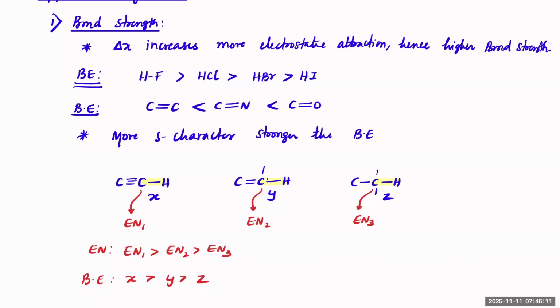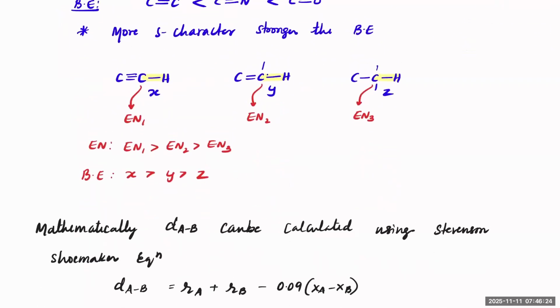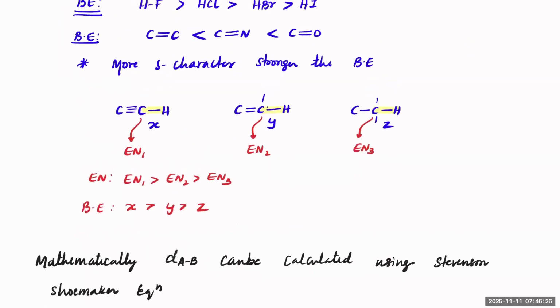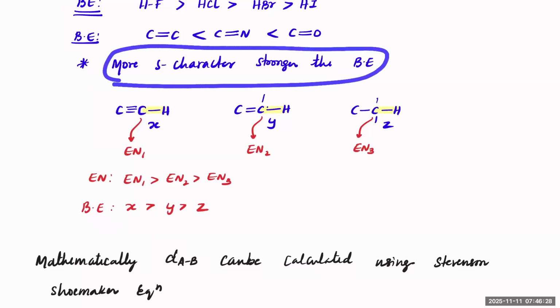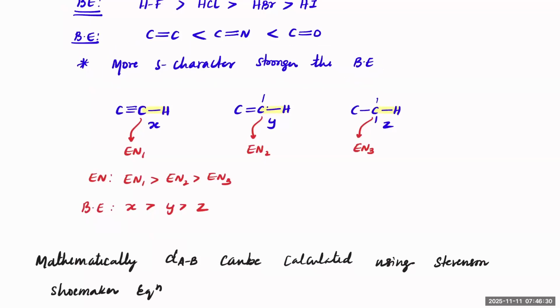Next, see, more s character, stronger is the bond energy here. And you can see X, Y, Z. You can compare that easily. Which one has more bond energy?